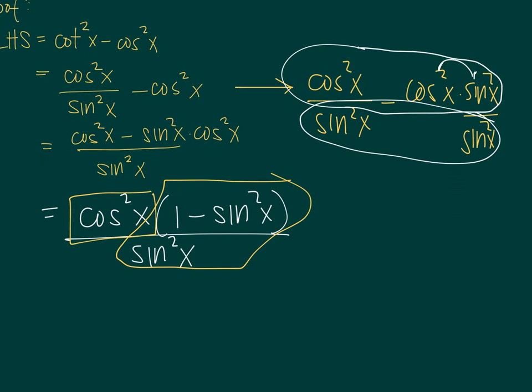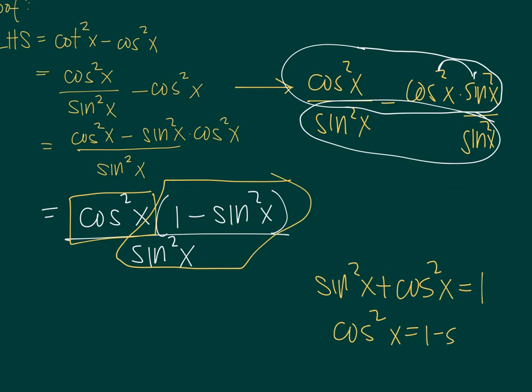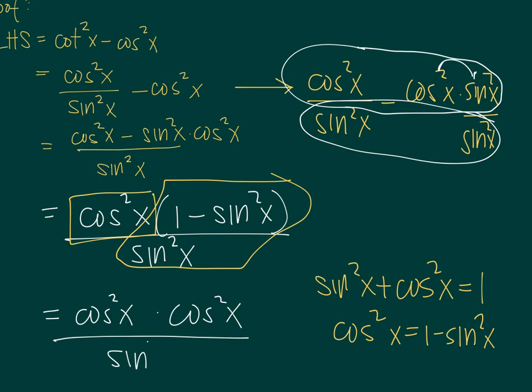Okay, now if you remember, sine squared x plus cosine squared x is equal to 1. That means cosine squared x is equal to 1 minus sine squared x. So this is now equal to cosine squared x times cosine squared x over sine squared x.